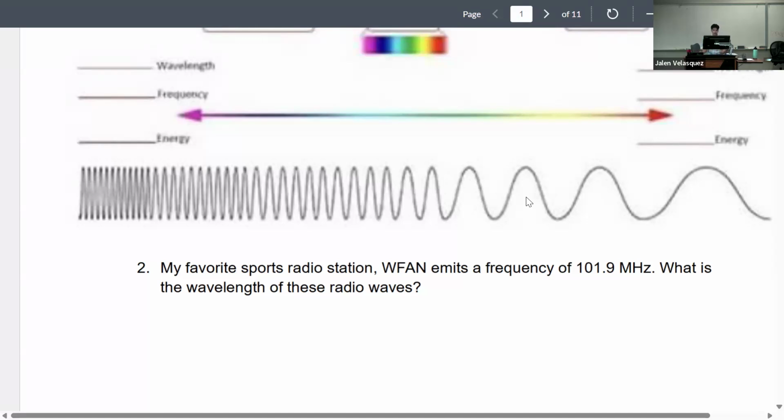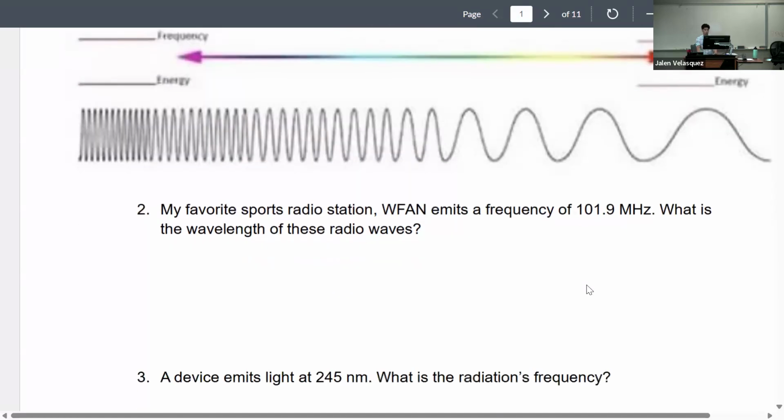Okay, so in this problem, I'm giving you the frequency of this radio station, and you need to figure out what the wavelength is. So what formula is relevant to solving that? We know we're going to use c equals lambda times nu, right?